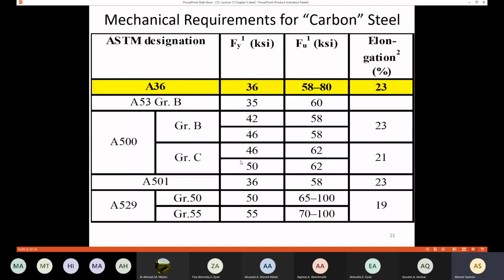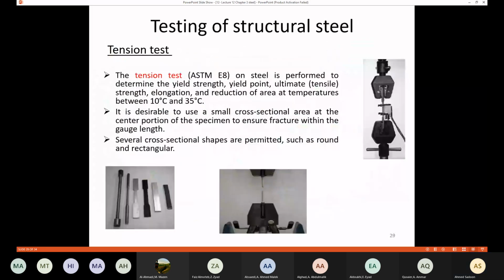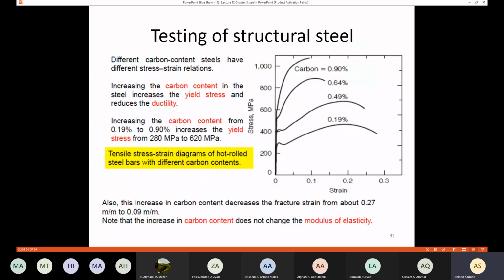For example, here, I'm going to jump to this diagram so that you can understand this. So here we have the stress-strain relationship for steel with a different percentage of the carbon. So here I have this percentage, I have this percentage, and I have this percentage, and that percentage.